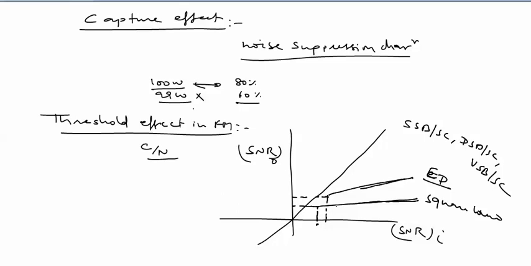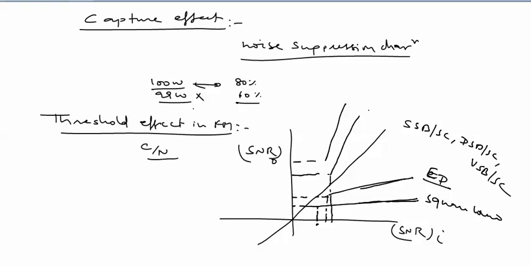In all suppressed carrier schemes, no minimum level is required. For FM, I draw two more lines. The minimum value of SNR required is increased now. Once it crosses the threshold level, it works efficiently. Below that, it does not work.